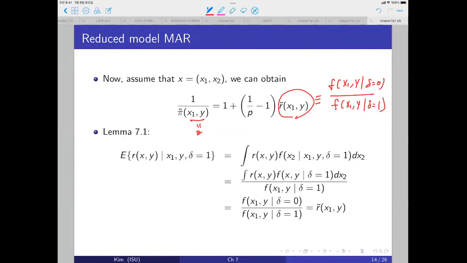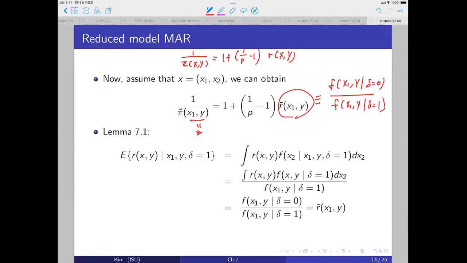Okay. So we have two types of formula. One uses 1 over pi of x and y, using the full sample. Each one is then r of x and y, right? So this is the full sample version.